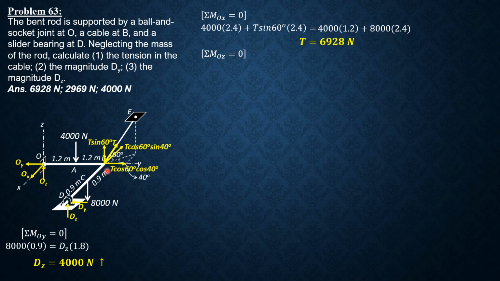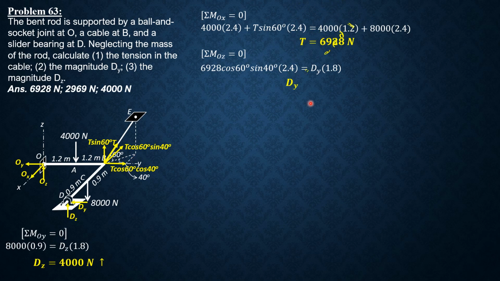So it's only T cosine 60 sine 40 times 2.4, then equals dy times 1.8. So that would be the equation. So T, which is 6928, cosine 60 sine 40, the moment arm is 2.4, then equals dy times 1.8, distance of line of action of dy from OZ is 1.8.